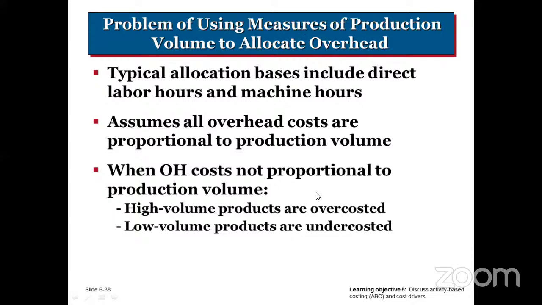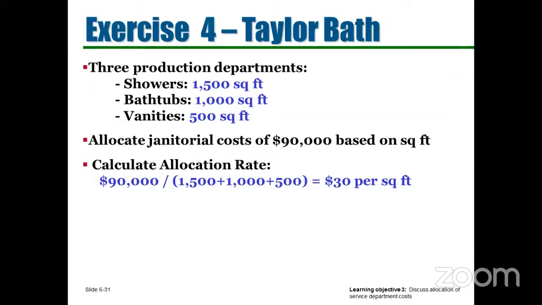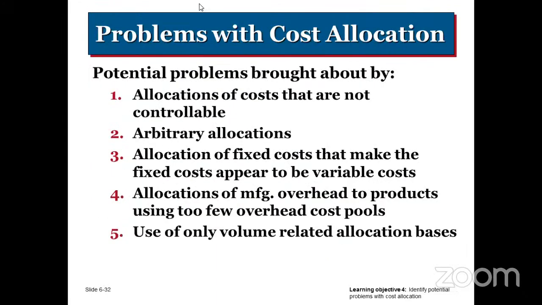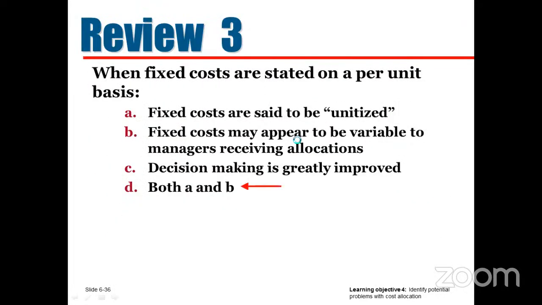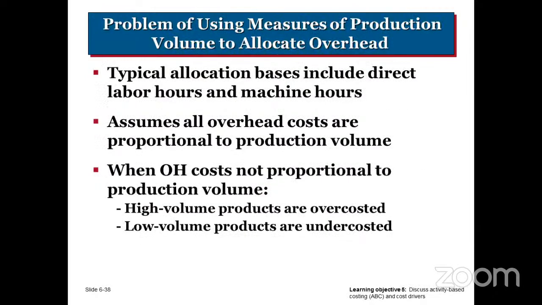So for this example, please go through the book. I think they give you some explanation in more detail. It tells you these are examples that make this method not good to use, a single base allocation to allocate the overhead cost. All these problems happen. So when all these problems happen, a lot of organizations find it not accurate in terms of allocating the manufacturing cost.